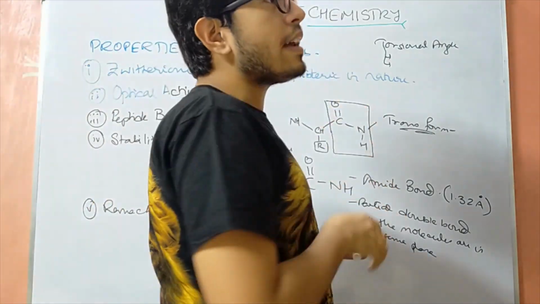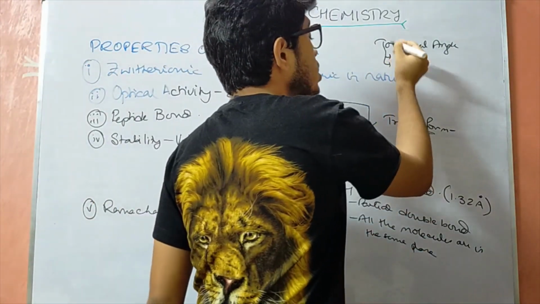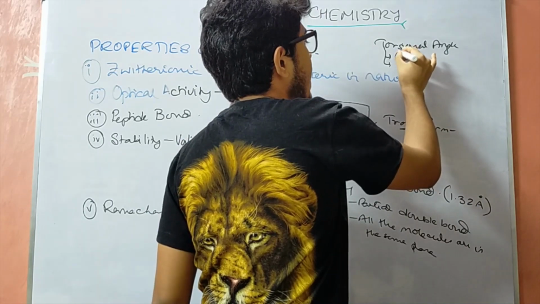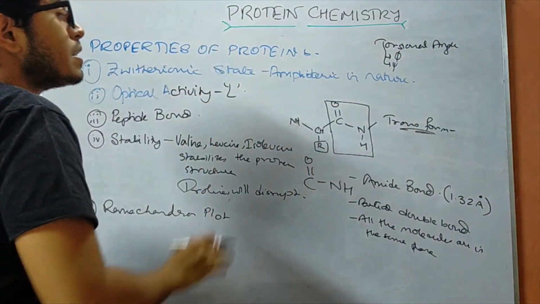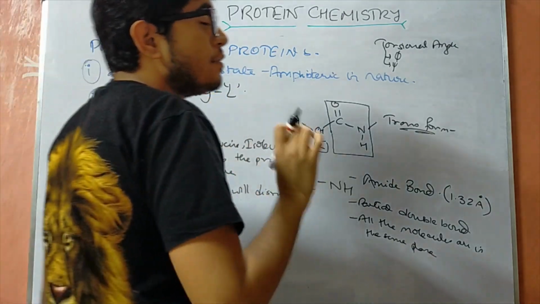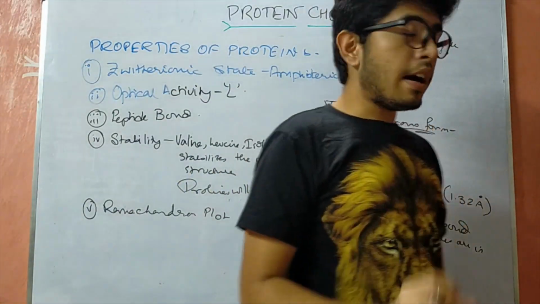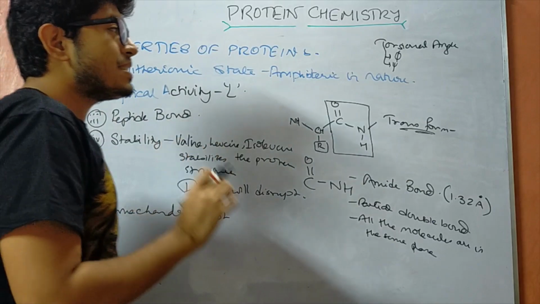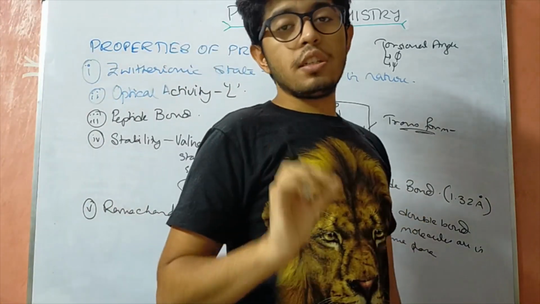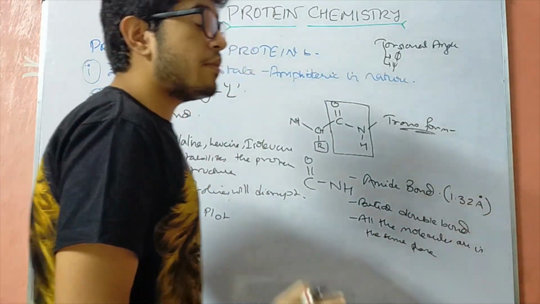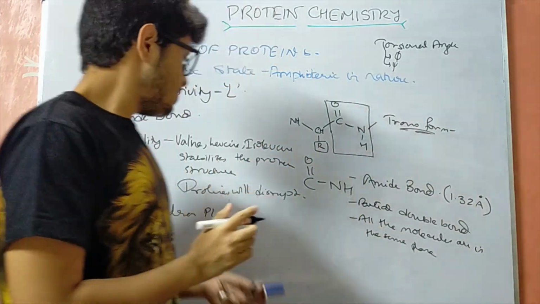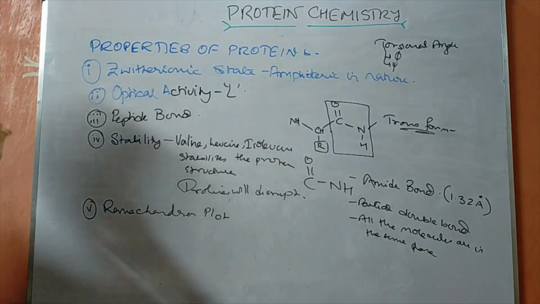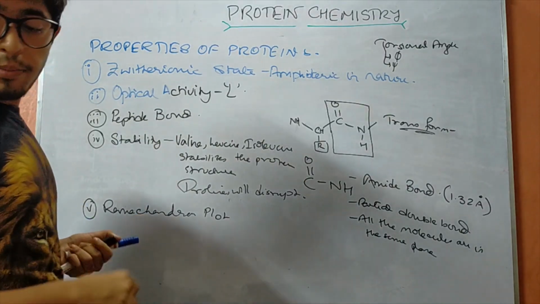This torsional angle depends on two types of angle: the phi angle and the psi angle. These two angles, phi and psi, are known as the torsional angles, which depict the Ramachandran plot, a graph which represents stable protein molecules. Now we are done with the properties of the protein molecules.